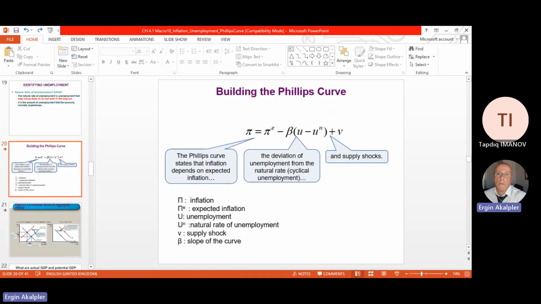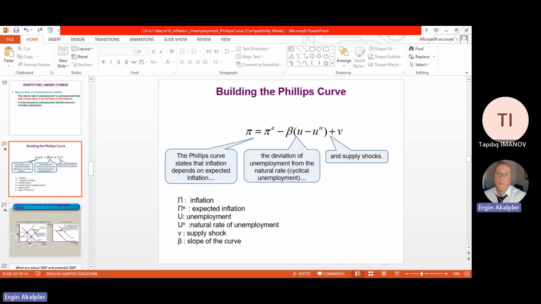And when we look at the Phillips curve calculation, as you observe, P is the inflation, PE is the expected inflation, U is the unemployment, UN is the natural rate of unemployment, V is the supply shock, and β is the slope of the curve.